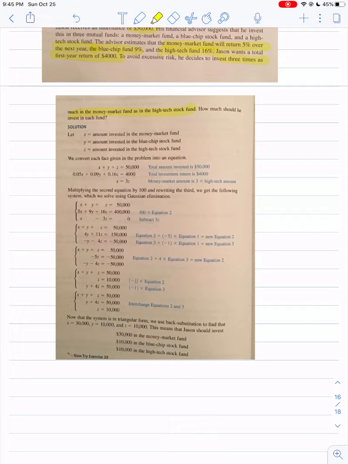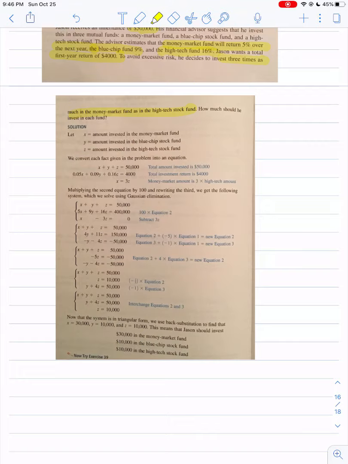My goal is to get one equation with just z, another with z and y, and one with all the variables. Right now, I have 2 equations that have y and z, so I'm going to get just z in equation 2. I have equation 2 plus 4 times equation 3 as my new equation 2, which is negative 5z equals negative 50,000.